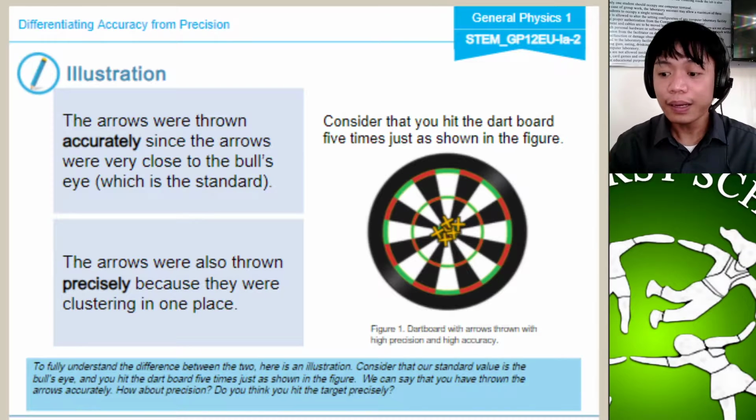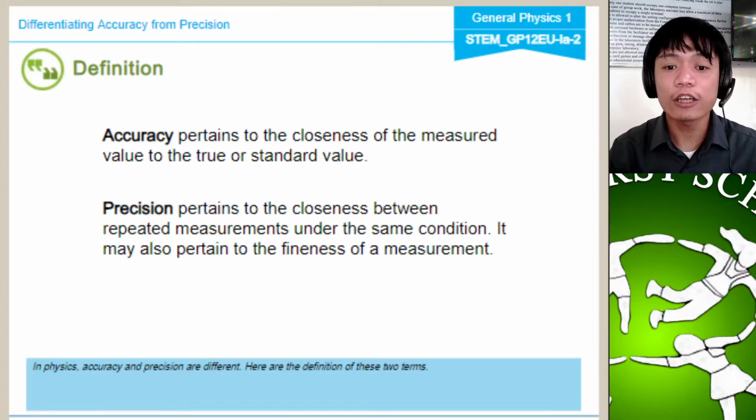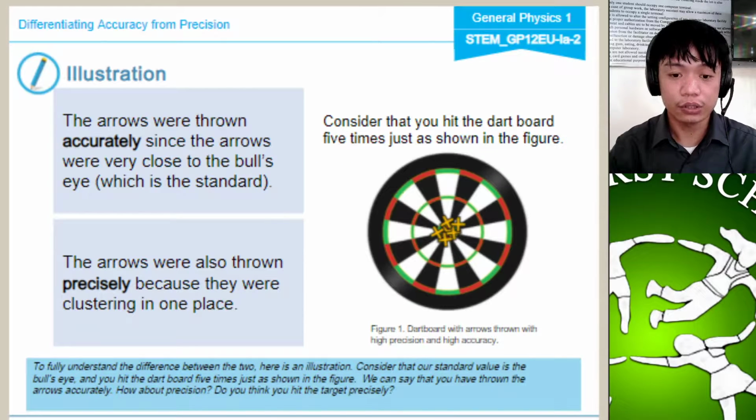Balik tayo ngayon sa repeated measurement na sinasabi. When we say precision, it pertains to the closeness between repeated measurements. When we say accuracy, closeness of the measured value to the true value or standard value. So that is their difference rather.